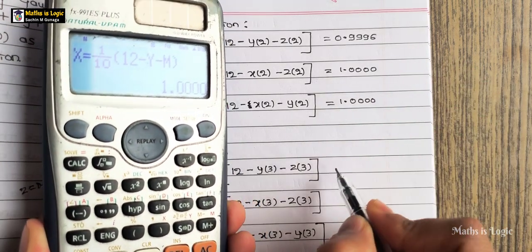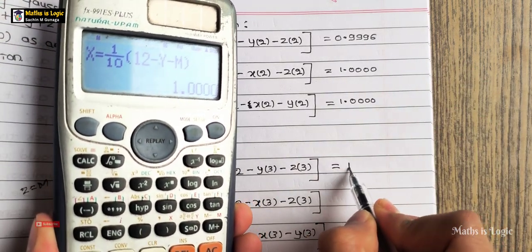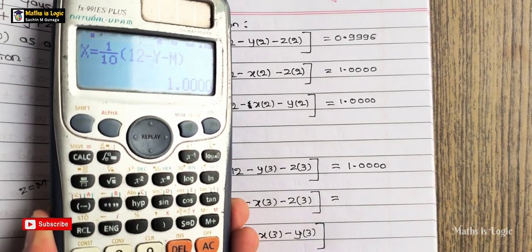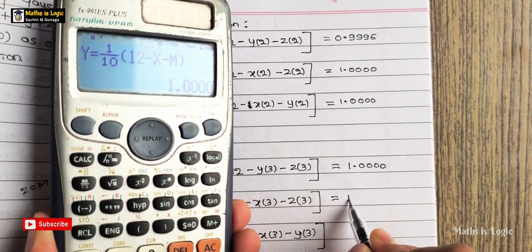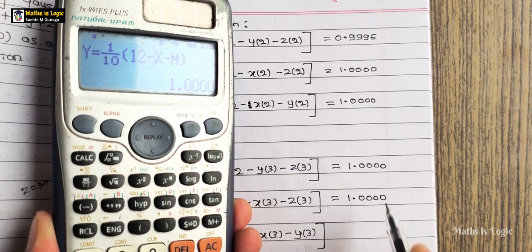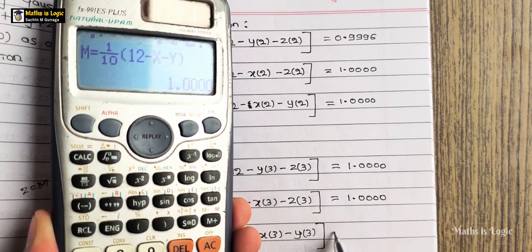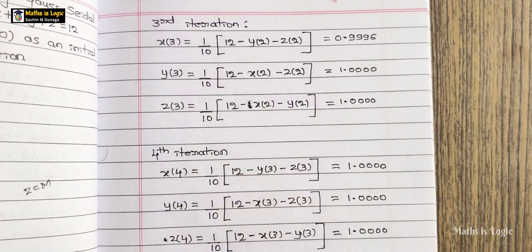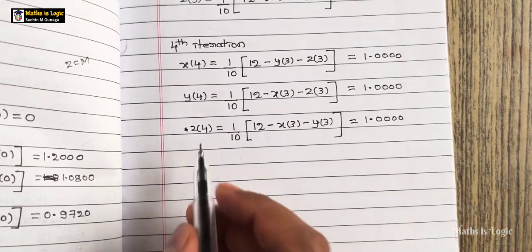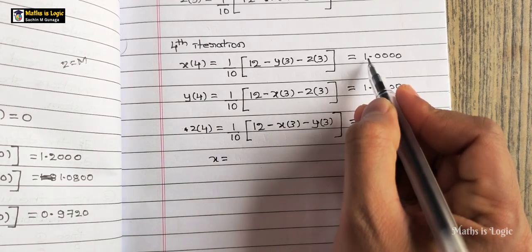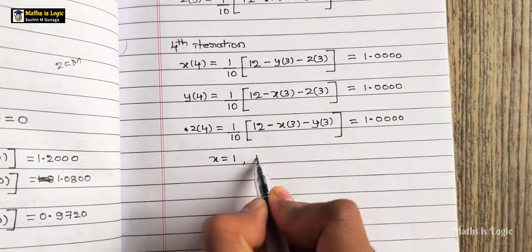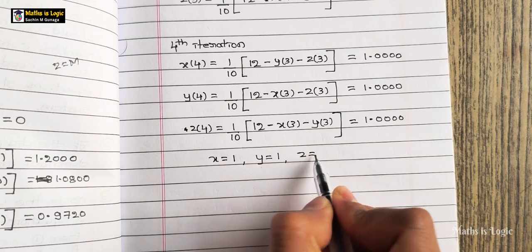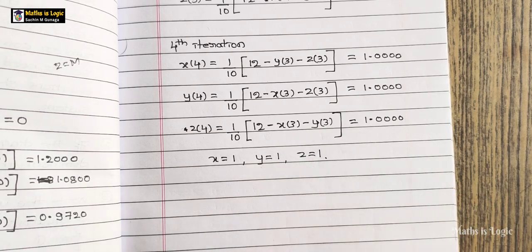That time this value becomes 1.0000, the second value becomes 1.0000, and the third value also becomes 1.0000. Therefore, what is the final solution? The x value we got 1, the y value we got 1, and the z value we got 1. So this is the solution.